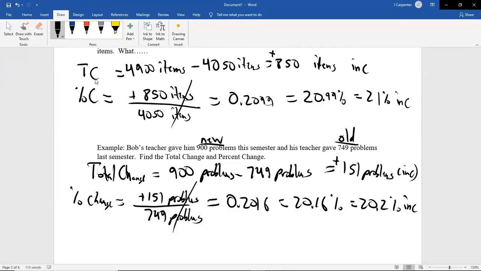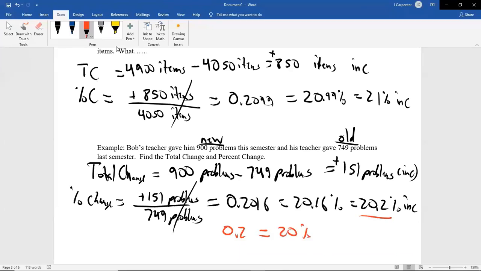Again, the context of the problem may say to round to 2 decimal places. It may say to round to the nearest whole percent, but you have to be careful. If I said to round to the nearest tenth of a percent, and you go, oh, we'll just round to the nearest tenth, you would have said this is 0.2. Then when you move the decimal right twice, you get 20%, and 20% is not the correct answer because you're missing the tenths position.